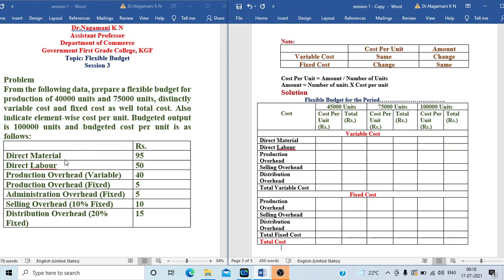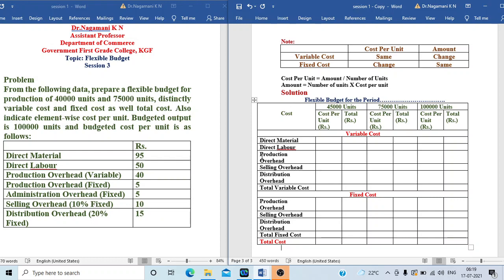The first one is direct material 95, direct labor 50, production overhead variable 40, then production overhead fixed 5 cost per unit, administration overhead fixed 5, and then selling overhead 10% is fixed and cost per unit is 10, and the remaining 90% is variable. Then distribution overhead 20% fixed means 80% is variable and cost per unit here is 15. So with the help of this we can calculate or prepare the flexible budget.